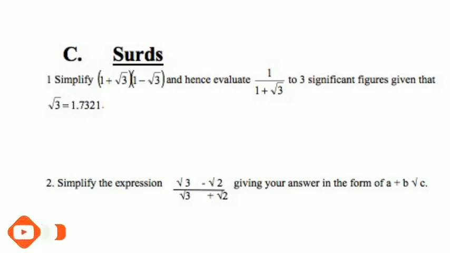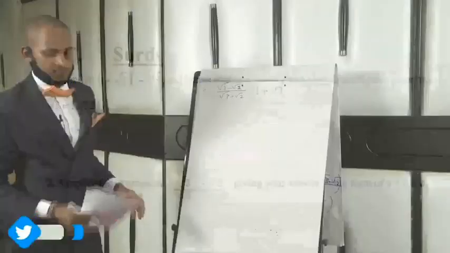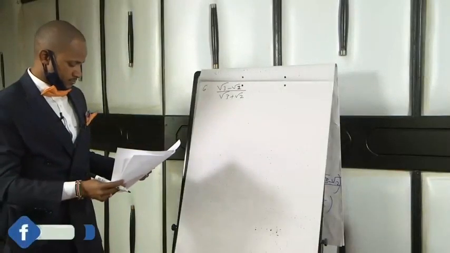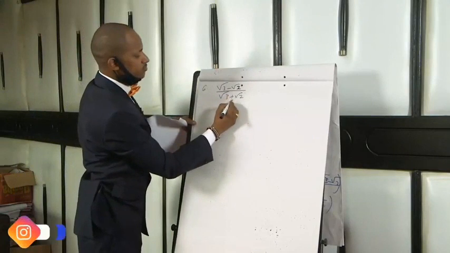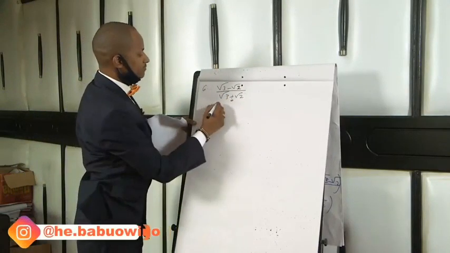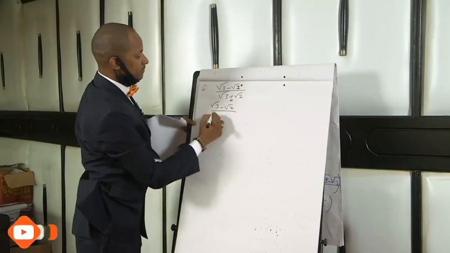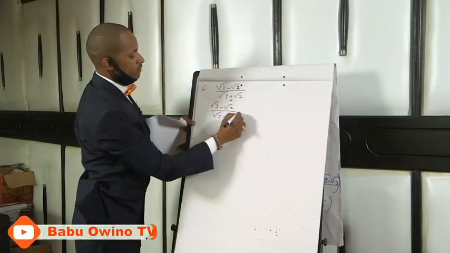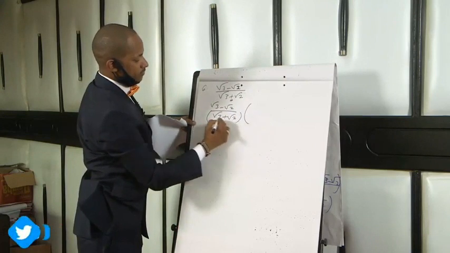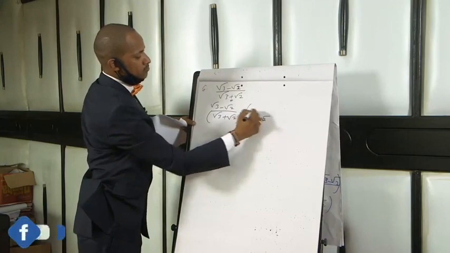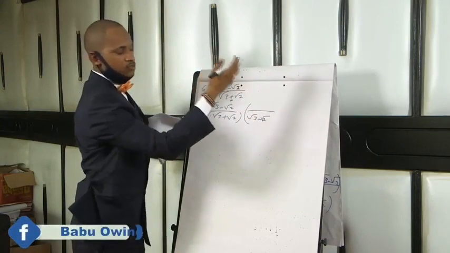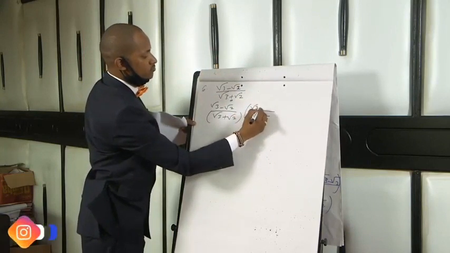Just multiply the whole of this expression by the conjugate of the denominator. And we said when you want to get a conjugate, you just change the sign. So here we have root 3 minus root 2 divided by root 3 plus root 2. But you multiply by the conjugate, which is root 3 minus root 2, the denominator and the numerator. So the numerator is also multiplied by root 3 minus root 2.